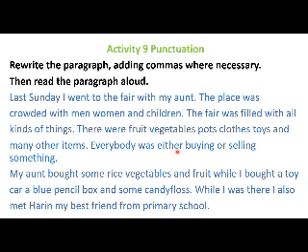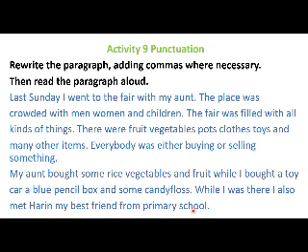Everybody was either buying or selling something. My aunt bought some rice, vegetables, and fruit, while I bought a toy car, a blue pencil box, and some candy floss. While I was there, I also met Harin, my best friend from primary school.